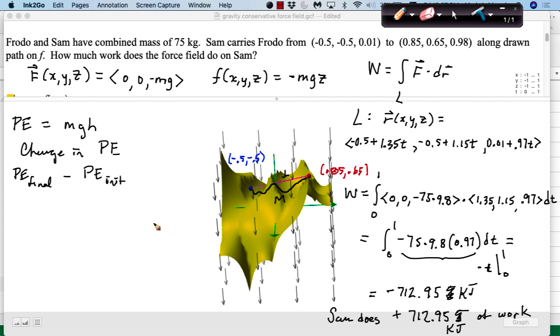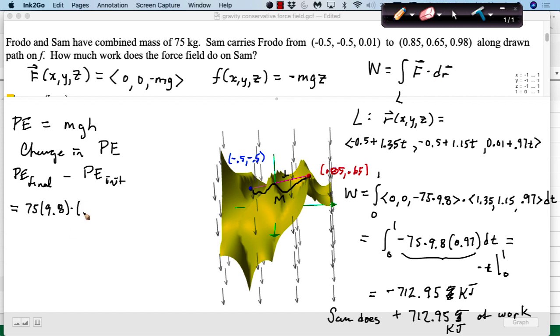So what's Sam's final potential energy? It's going to be mgh, which is 75 times 9.8 times 0.98.